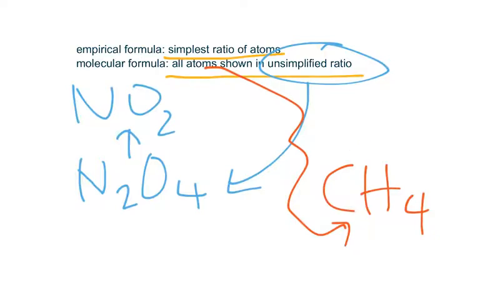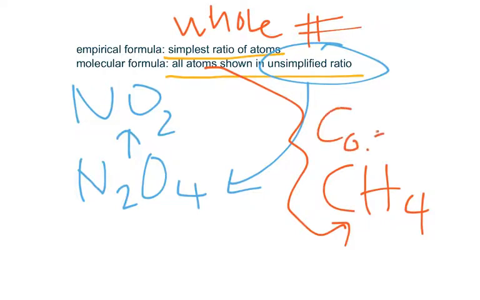And keep a note that these ratios are whole numbers. So your ratios have to have whole numbers in them. You can't just have C0.5 and H2. You absolutely cannot do this. You can only have whole number ratios between atoms.